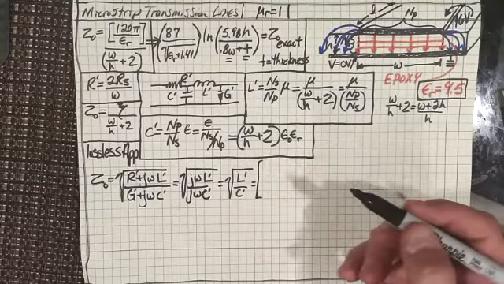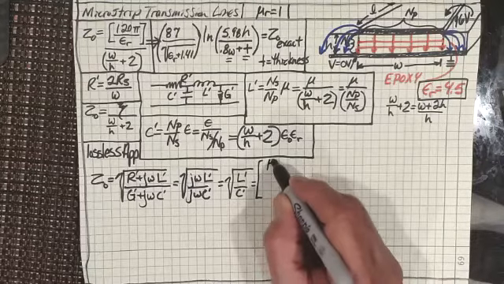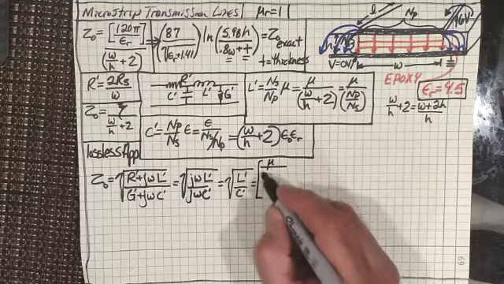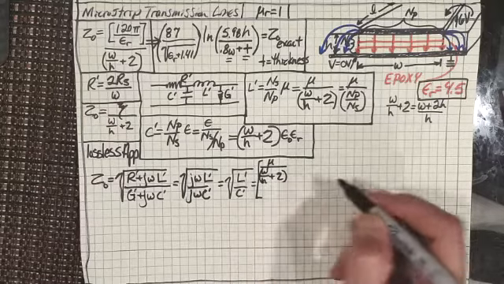Well, L prime is going to be mu divided by W over H plus 2, right?